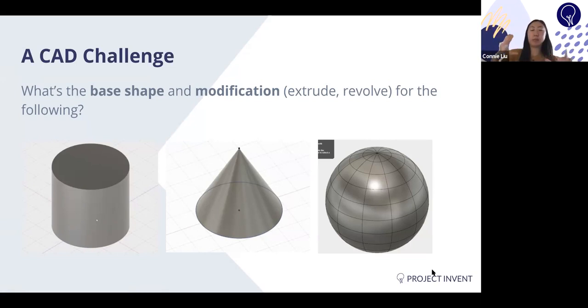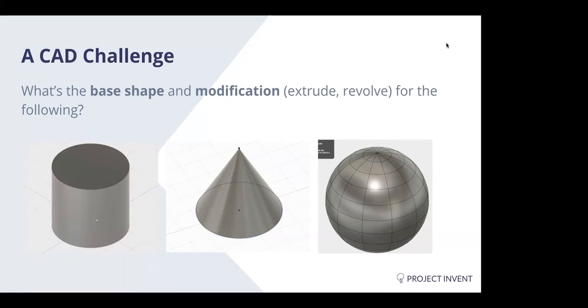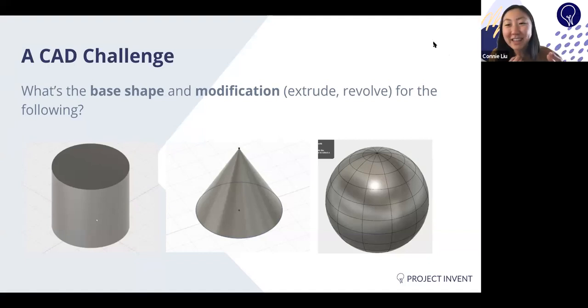What base shape needs to be there in order for it to revolve around and create a sphere? You could do a circle 180 degrees, or you could do a semicircle 360. Awesome. Yeah, that's perfect.